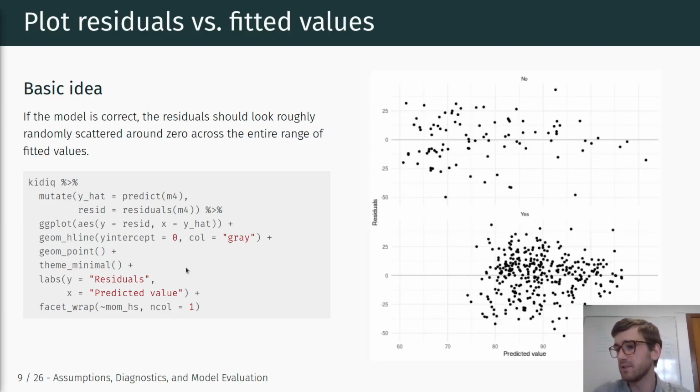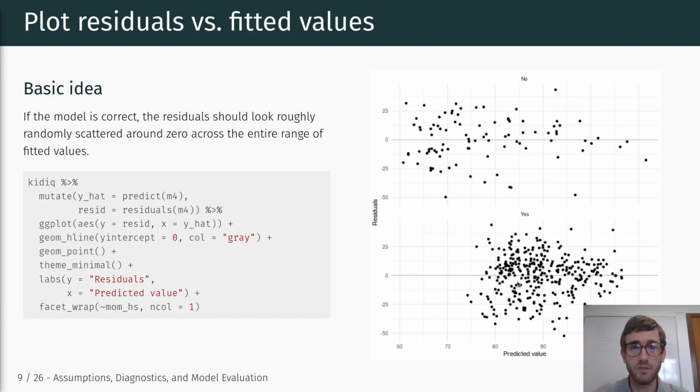Okay, and so this is the result. Of course, on the top here we have the observations without a high school education, and on the bottom we have observations with a high school education, and we see this horizontal 0 line, and we see basically what we want to see, which is the residuals are along the range of predicted values.